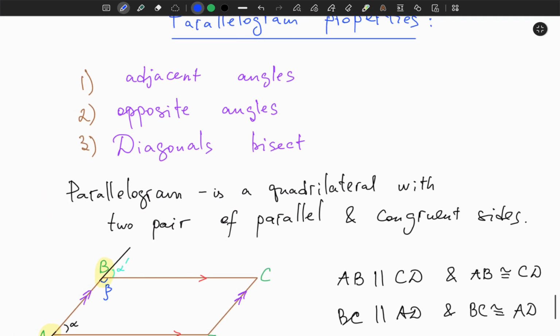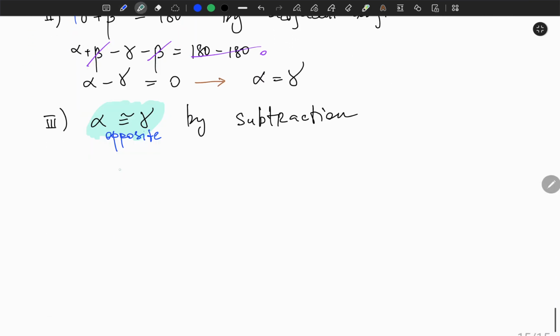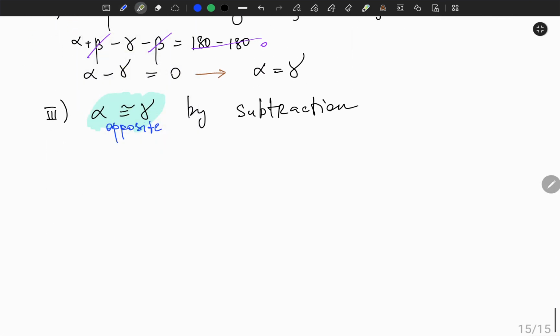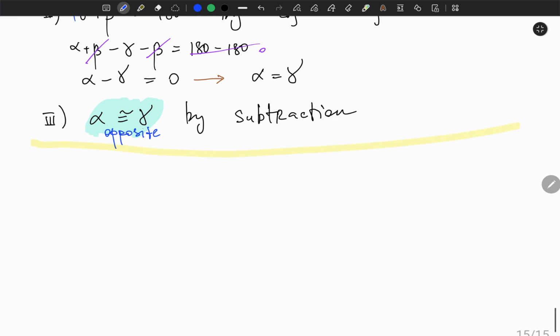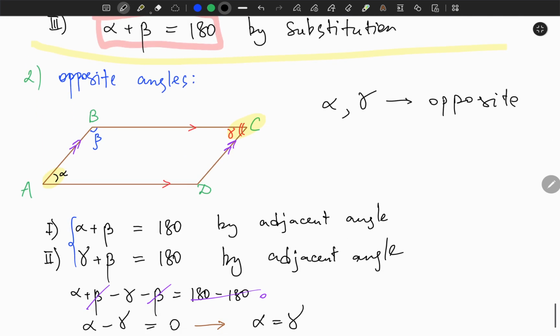Let's get into the third one, diagonals. What's going to happen if we draw diagonals in the parallelogram? Okay, let me choose my parallelogram.